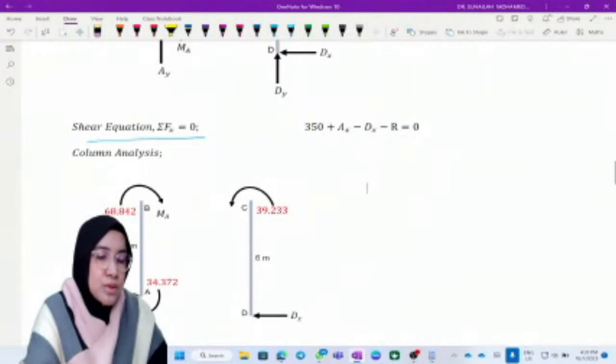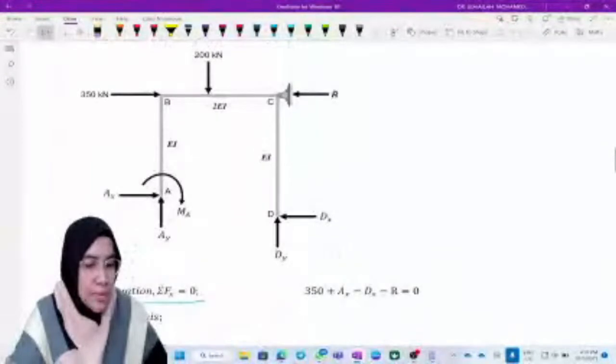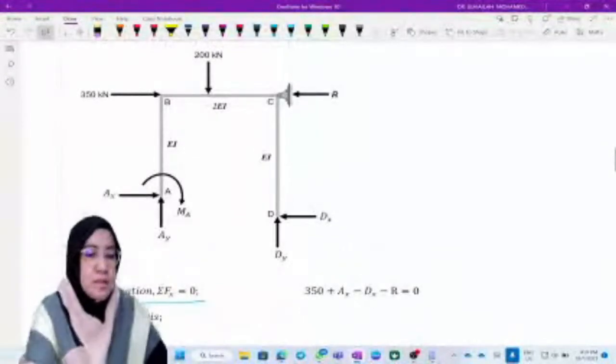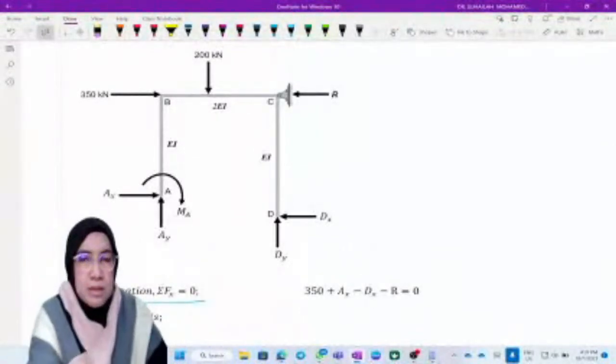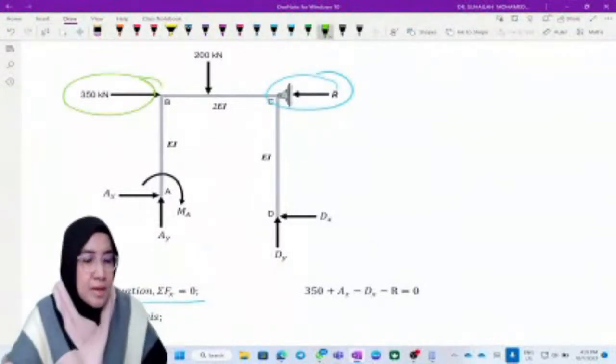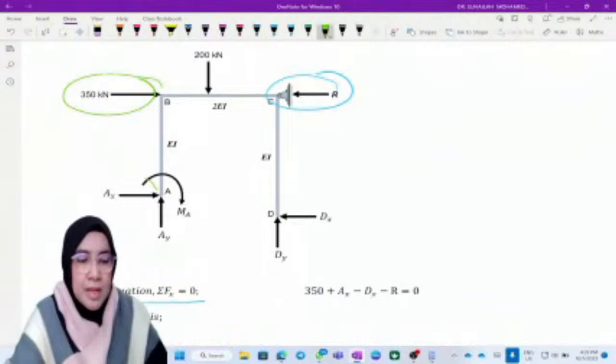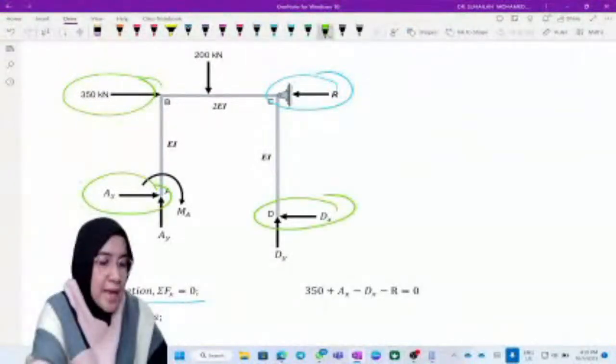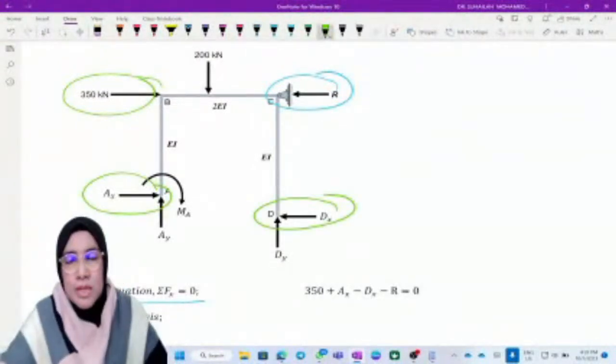Using the diagram, we have to write an equation of all the horizontal forces. We have R here, we have 350, we have AX, and we have DX, all horizontal forces.